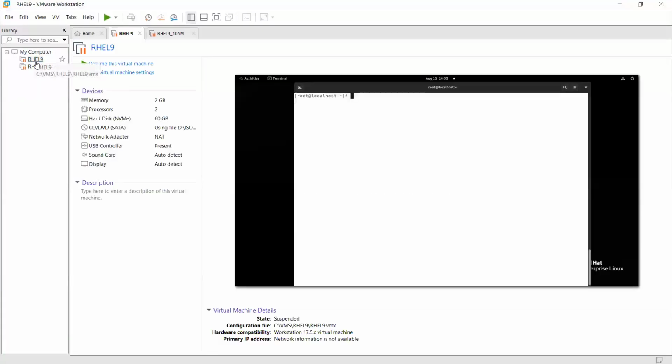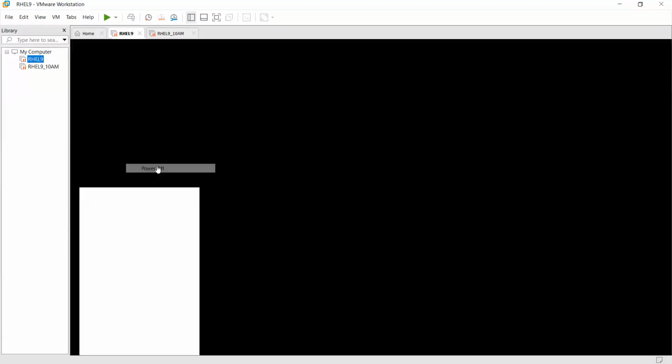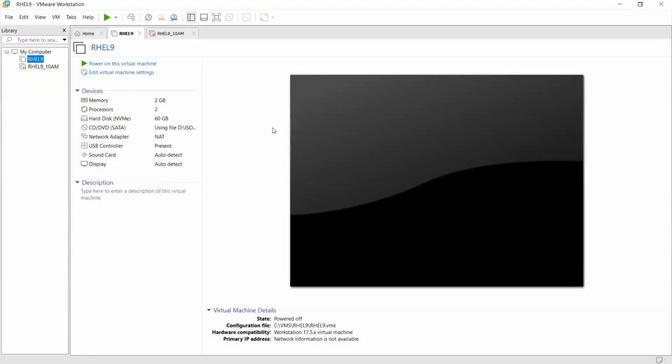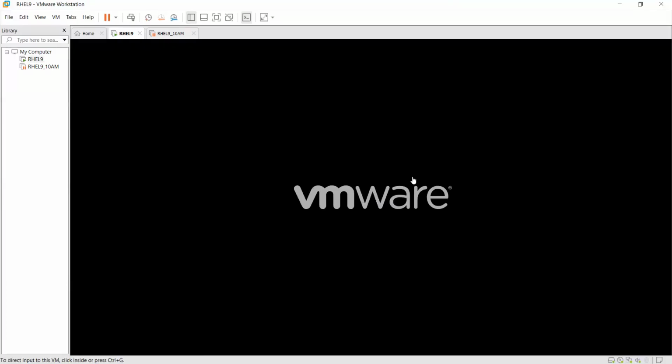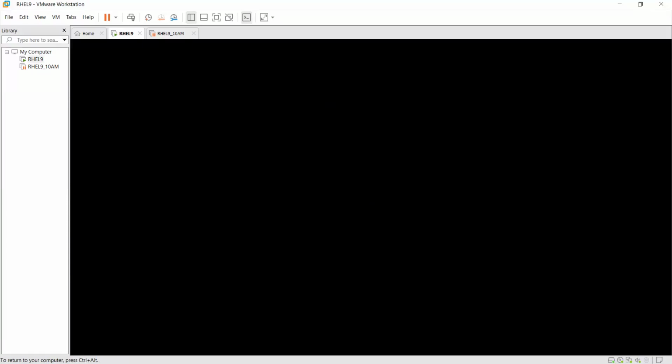For example, this is our Linux operating system, and right now the system state is power off. If I power on the machine, after a few moments you get your login prompt, the user login prompt, and then you write the username and password. But from power on to the login prompt, you get a lot of stages.